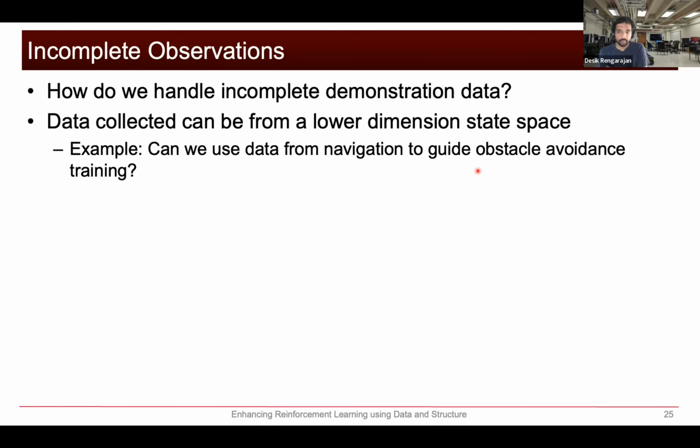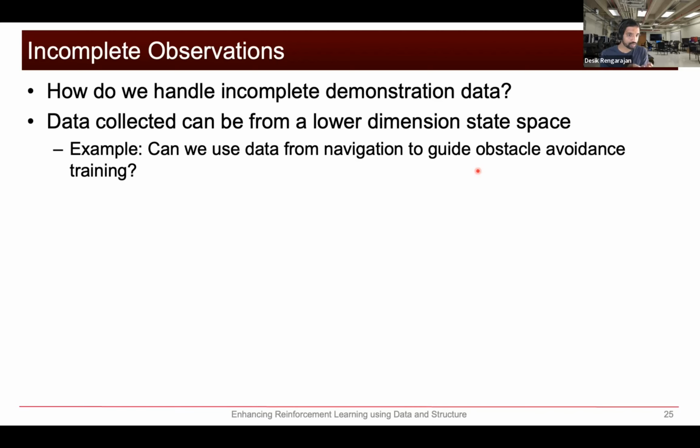Let's say we are trying to solve an obstacle avoidance problem of a mobile robot, where we have a mobile robot and we want to avoid an obstacle and then reach a goal point. But we have data collected just for reaching the goal point, let's say. If you notice, the data collected for reaching the goal point does not include any sensor information to sense the obstacle in place.